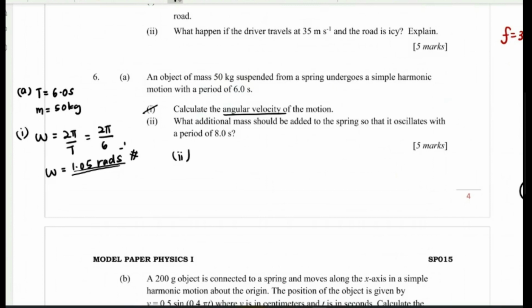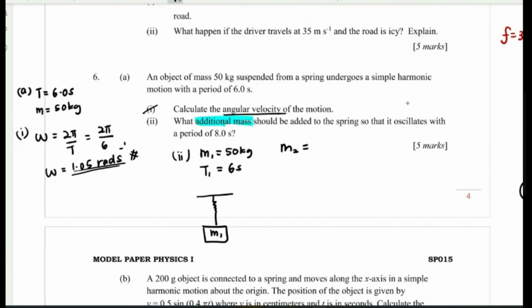Okay, and then question number 2. What additional mass should be added to the spring so that it oscillates with a period of 8 seconds? So kalau tadi M1 dia adalah 50 kg, T1 is equal to 6 seconds. So now the question say that, okay, what is the additional mass? Berapa kita perlu tambah? Kan, kalau tadi kita ada spring, so you ada mass M1, and then the oscillation time is 6 seconds.